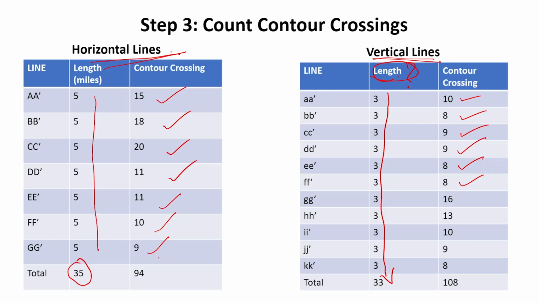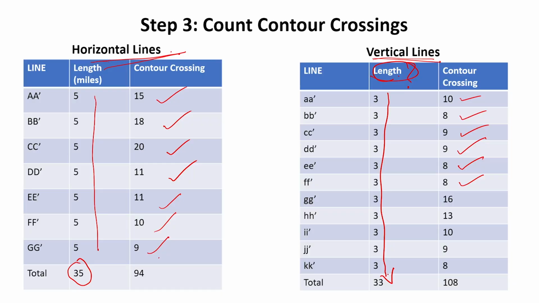Next are the vertical lines, which are 3 miles each, and there are 11 lines totaling 33 miles. We will also total the contour crossings separately for our horizontal lines as well as our vertical lines. Then we move on to step 4.